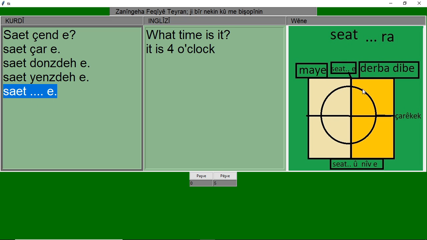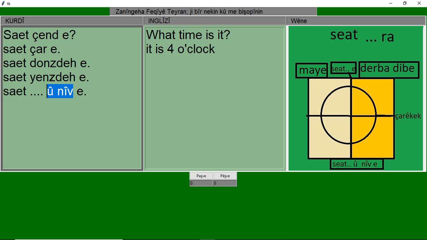And when it is half, you simply say saat, you tell the time, and then you put unif. Nif means half. So simply you put unif at the end.